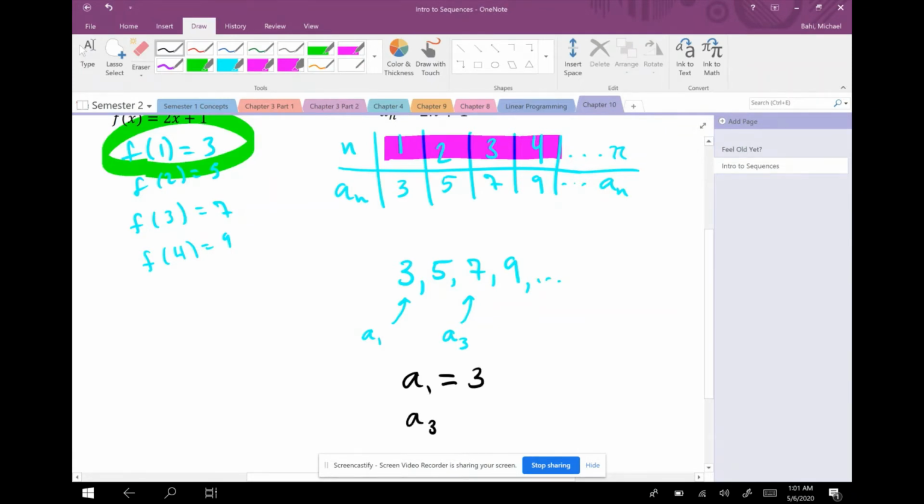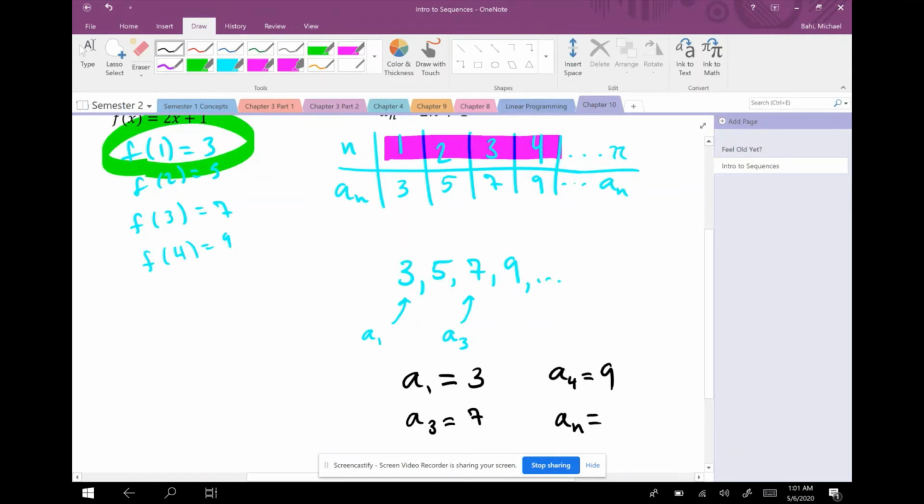What was the third number of the pattern? The third number was 7. The fourth number is 9. And in the book and in the math world, we ask for any nth term, meaning for any nth number, what do we get?